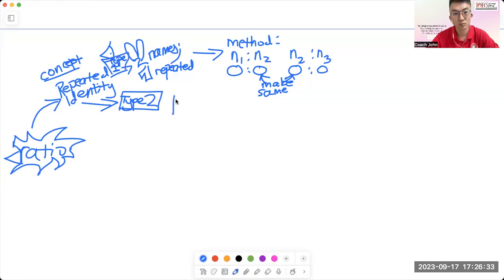For type 2, in fact, you do not see any ratio in the question. You only see numbers, and you see another sentence with B has as many times as C. So let's say this is A and B. This is A and C. So B is as many times as C. Same thing, this is under repeated identity as well, type 2.